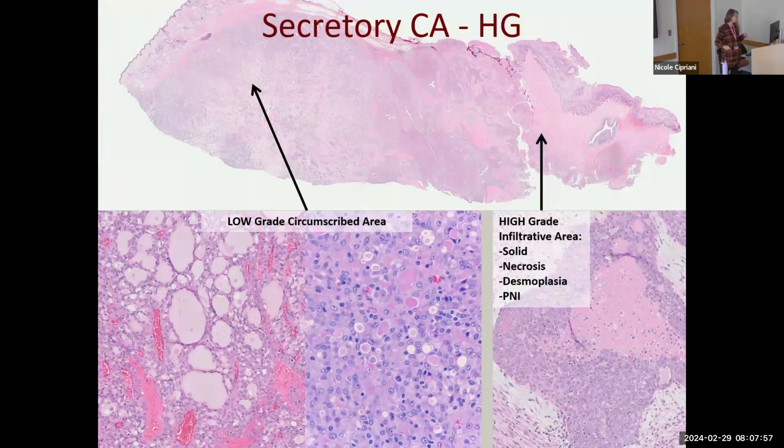What high-grade transformation looks like is similar to other tumors, where you start to have sheets of cells with prominent nucleoli with necrosis. You can see in this low-grade area on top a transition from a patterned secretory area to this more solid, very infiltrative area on the right. So again, things to look out for.